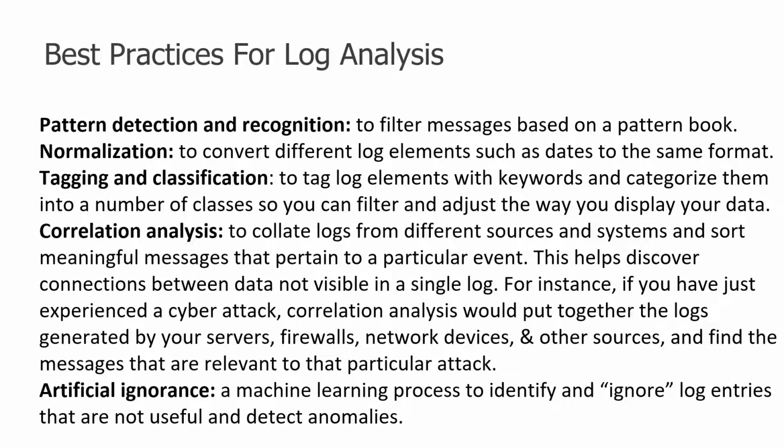How do we correlate? That's called correlation analysis. Most tools should have this, and Datadog will help you in that category also. And ignoring: there are some lines that are not meaningful messages, and the tool should be able to ignore them. So these are some of the best practices for log analysis, and your tool should have this kind of functionality so you can use it for analysis.